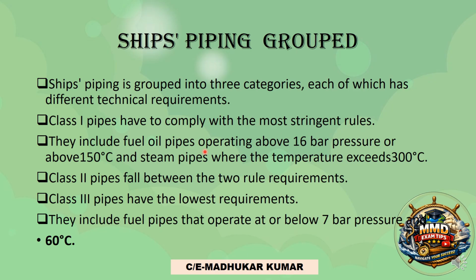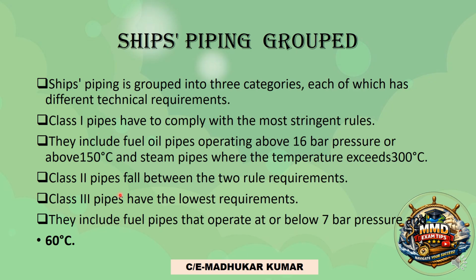Fuel oil pipelines, approximately pressure up to 16 bar, meaning 8 to 16 bar, and approximately temperature 150 degrees centigrade. And some of the steam pipes where the temperature exceeds 300 degrees centigrade. So this is the most strict and stringent requirement, and that comes under your class 1 pipes.